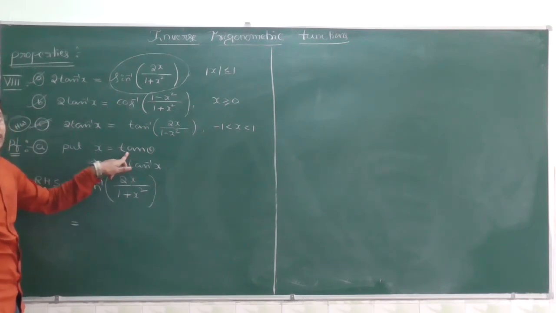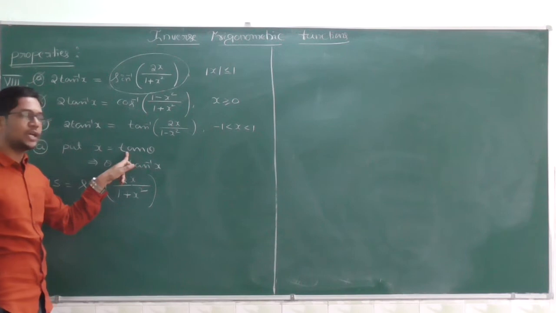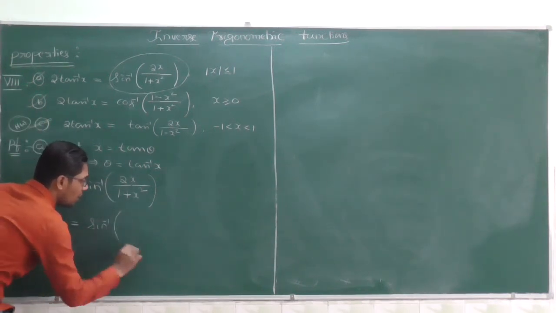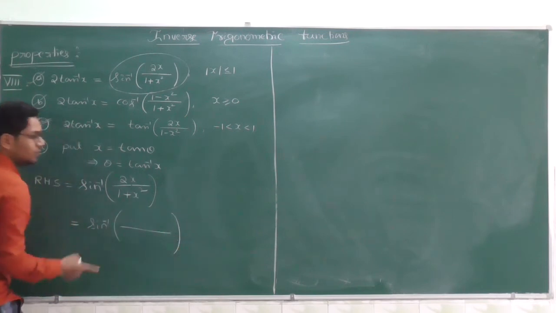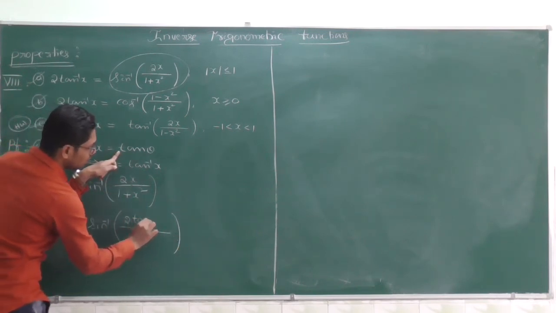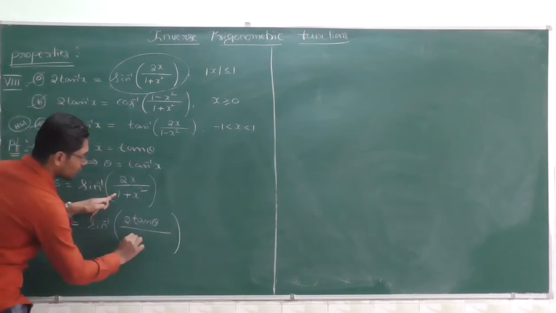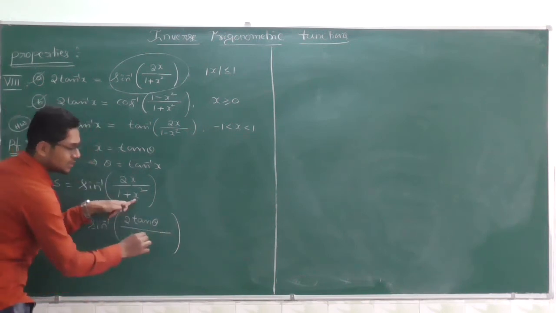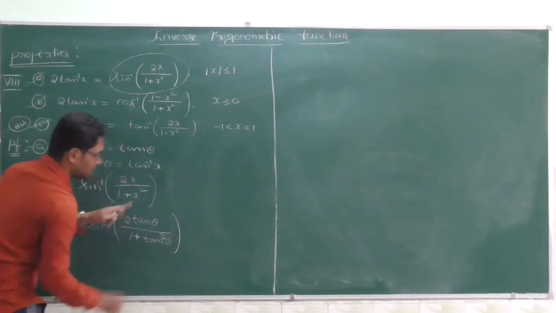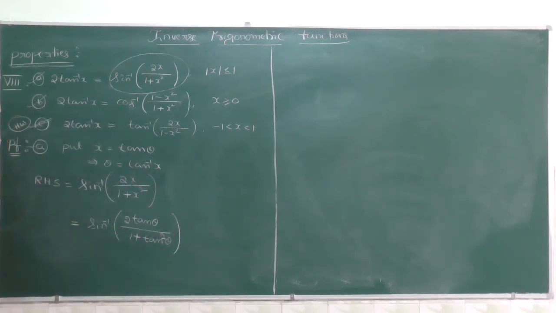Wherever x is there, you just replace it by tan theta. Then sin inverse of 2x, x is tan theta, 2 tan theta divided by 1 plus x square, x is tan theta, that is tan square theta. 2 tan theta by 1 plus tan square theta.